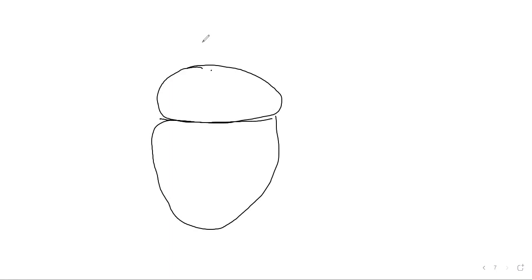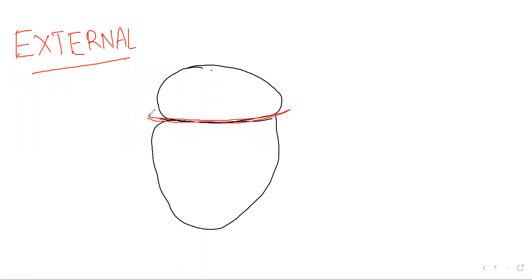Let me write that externally. The internal side we have already seen from the last class onwards. So when you see the heart from outside, you can see a transverse groove between the atria and ventricle, called the coronary sulcus.